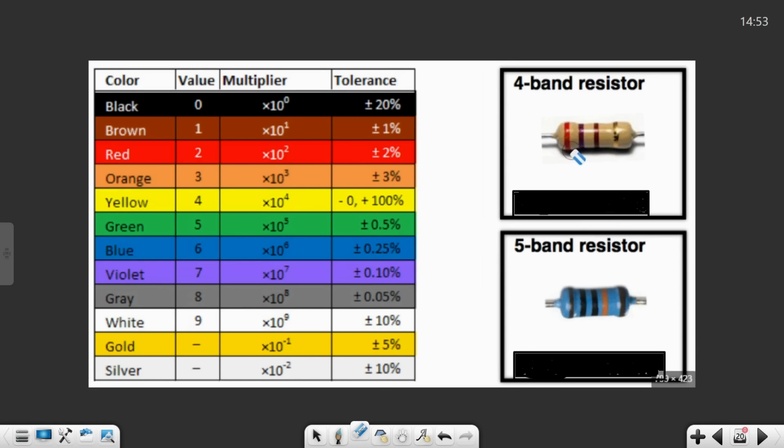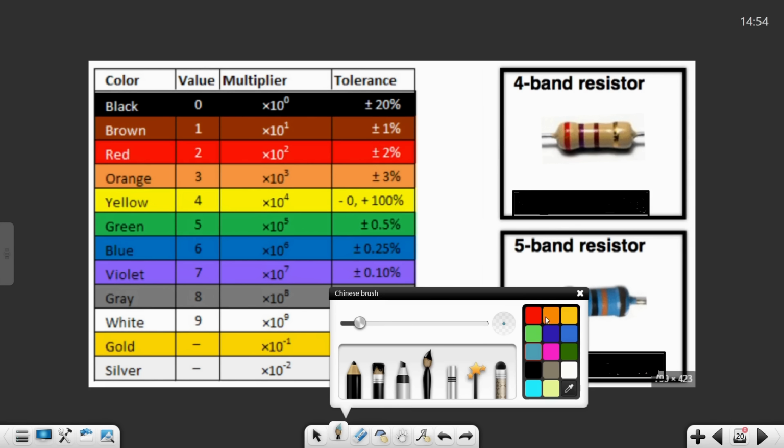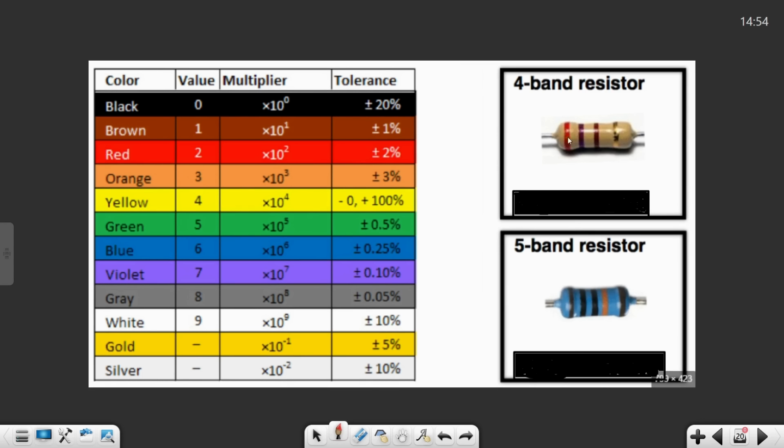So what I'll do is find out the value for this particular resistor, and you need to find out the value for this other resistor. Treat this as your assignment or homework. So let's focus over here and first figure out the colors that are present. I hope this is visible. If it is not visible, don't worry, I'll tell you the colors.